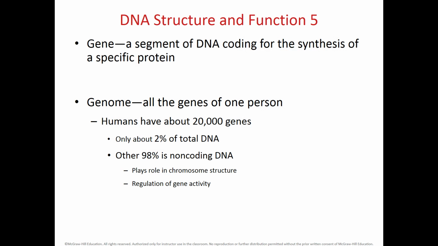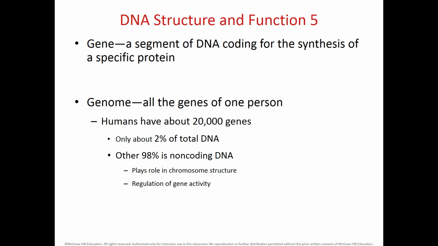Now, those sequences of nucleotides that are located within the DNA form segments, which we know as genes. And these genes code in many cases for synthesis of a specific protein or for other instructions for the cells. So if you count all the genes that exist in one person, that will be the person's genome.